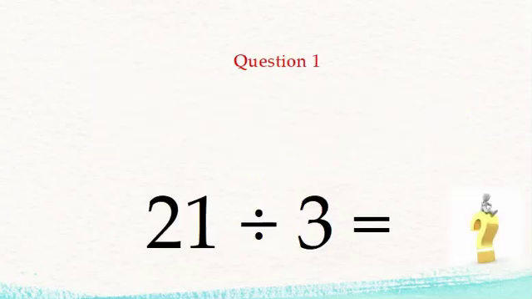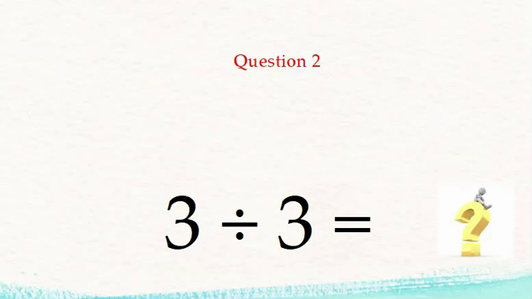Question 1. 21 divided by 3 equals. Question 2. 3 divided by 3 equals.